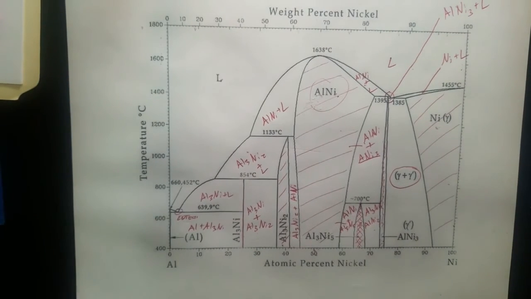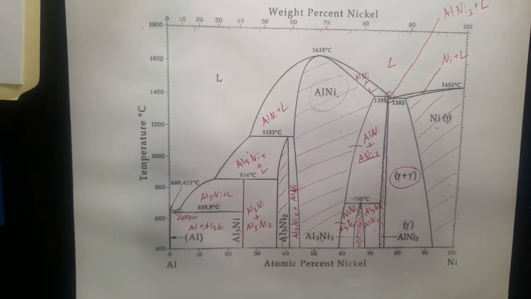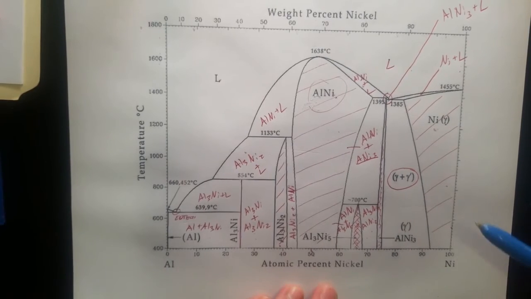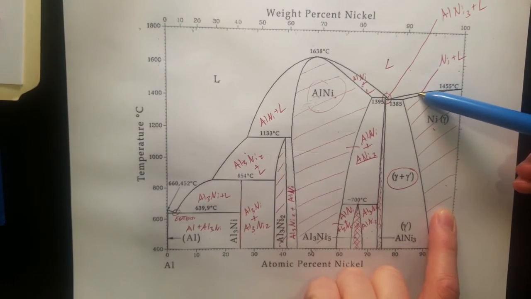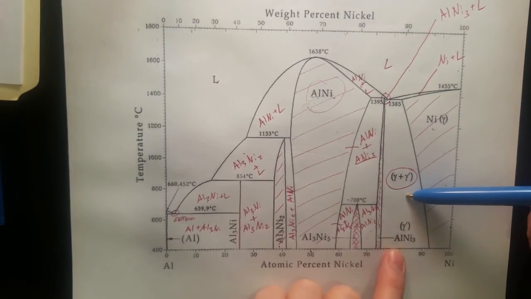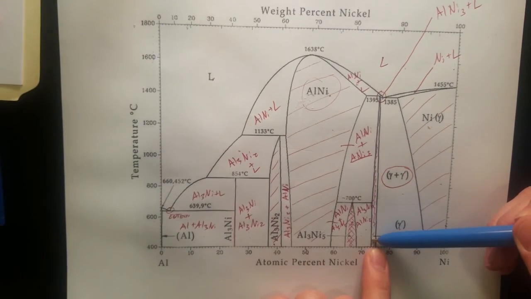So this is a phase diagram that I like a lot. And it's something that if you go through it after the fact, so we went left to right, we can go back right to left and double check everything, right? Nickel touches this region, so it's nickel plus something. Liquid touches it, liquid. Single phase, two phase, and nickel's gamma, and that's gamma prime.